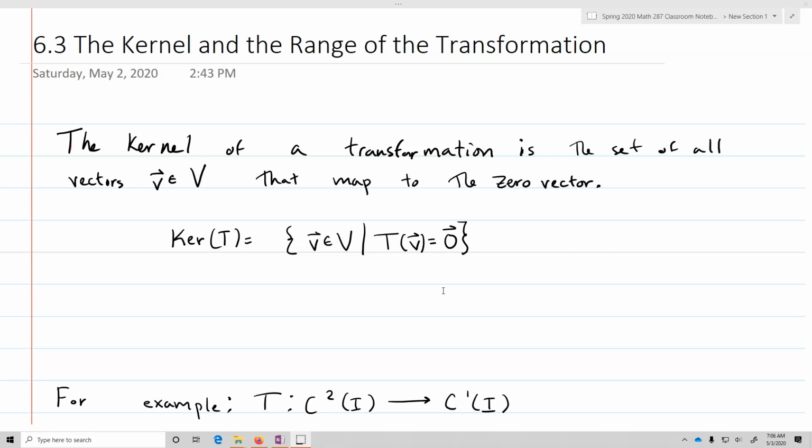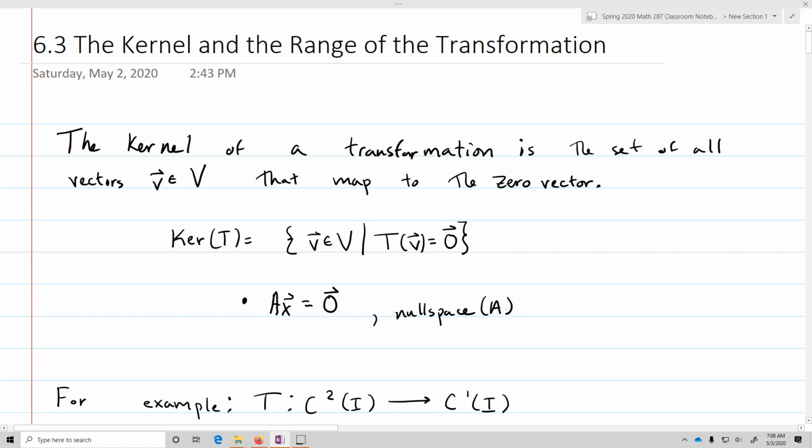And if you're looking at that, you probably should think to yourself, okay, this looks familiar. Doesn't this look a little bit like Ax equals 0? Or the null space of A, if you want to think about it from that perspective.